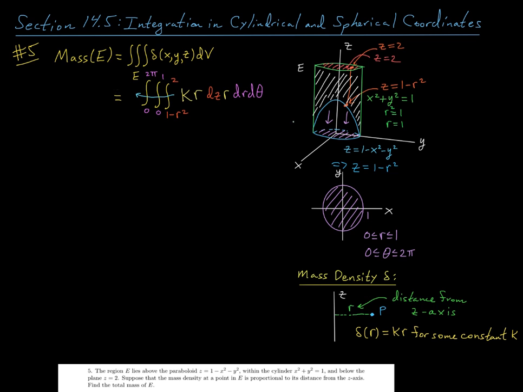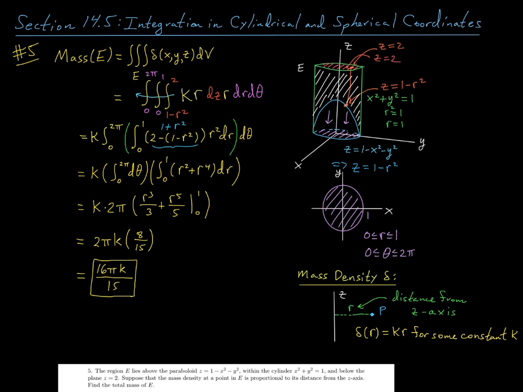I'm going to put up the rest of the solution here. You may want to pause the video and work through the calculation on your own just to check your work. But here you go. So there is the rest of the calculation, and the total mass of the solid is 16 pi k over 15. All right, that's going to do it. Thanks.